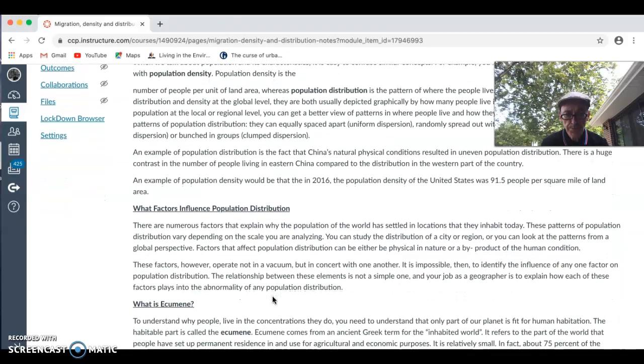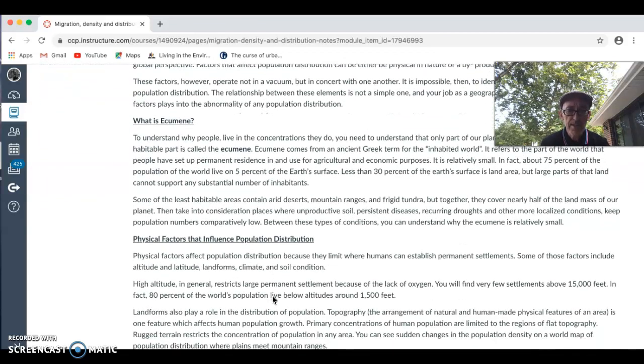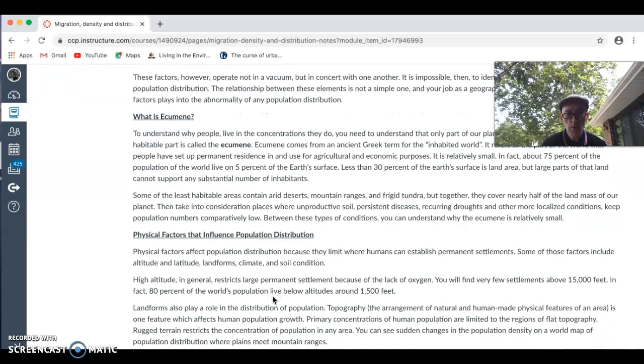For example, if we go down some of the physical factors, what in your country is physically affecting the distribution of population? Is it things like mountains, flat plains? Is it things like the types of soil, the climate? You may want to introduce some of these things because it may be useful when explaining where people are in your country, explaining the density.